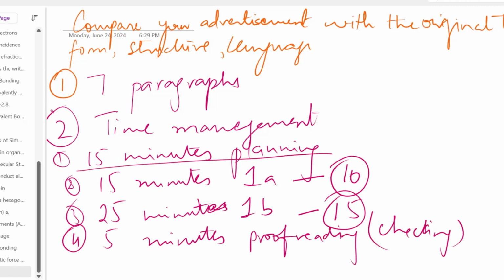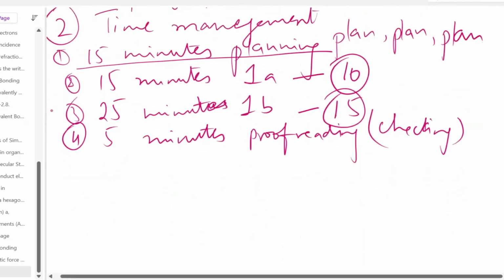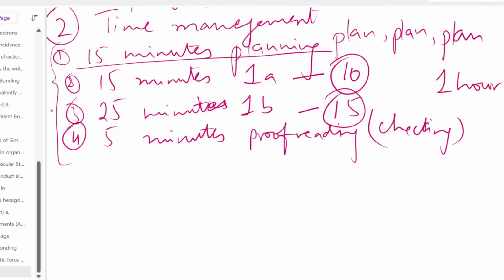What are you going to do in the planning? You're not going to begin your question without planning. How are you going to plan it? You need to focus on a few things. 30 and 30 minutes, so 1 hour for this whole section. Then we will be successful in accomplishing this whole hour.